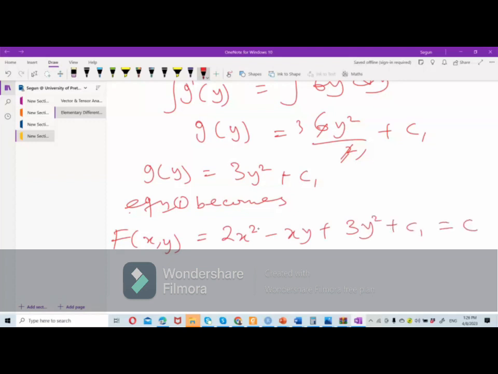Everything equals to your c. And c1 plus or minus c, an ordinary c, is still c because constant is still constant. So we have it to be 2x squared minus xy plus 3y squared equals to c.